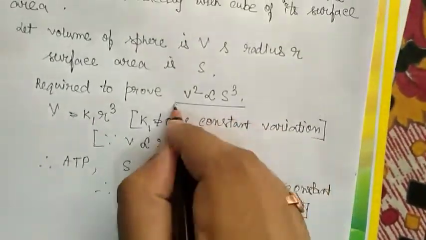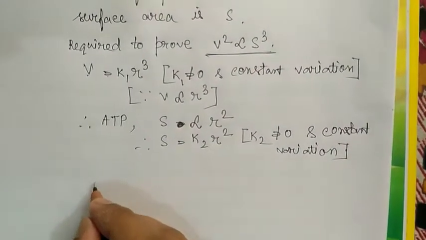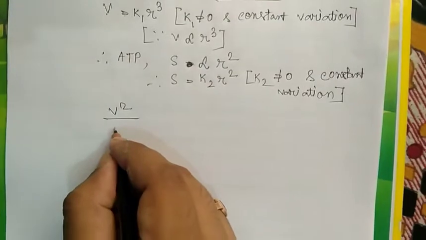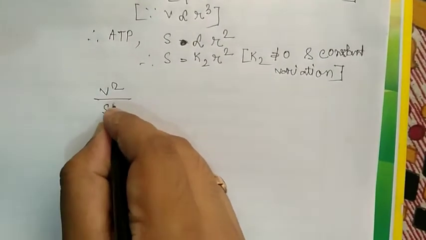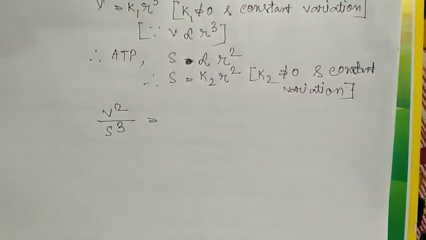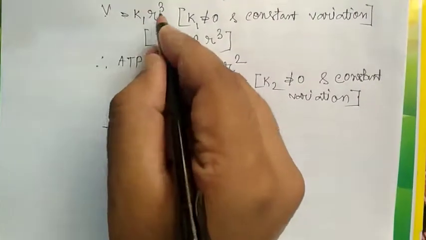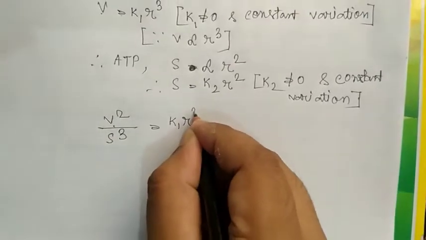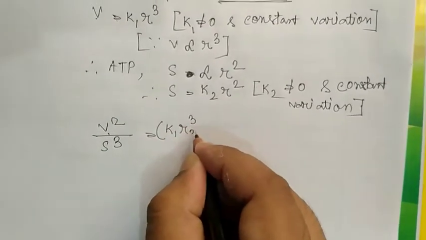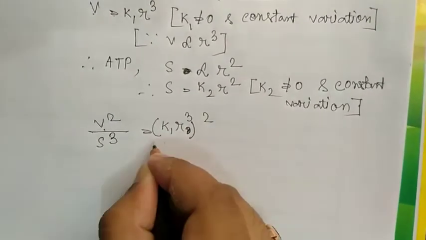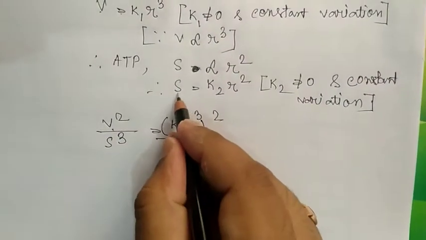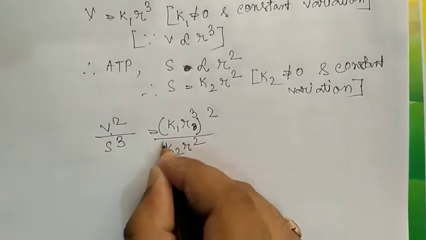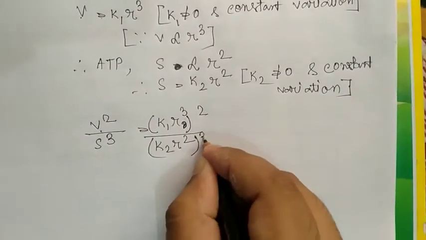Now we have to prove that. First of all, we have to find the value of volume square by surface area cube. We have to put the values. V means K1 r cube, whole square, by S means K2 r square, whole cube.